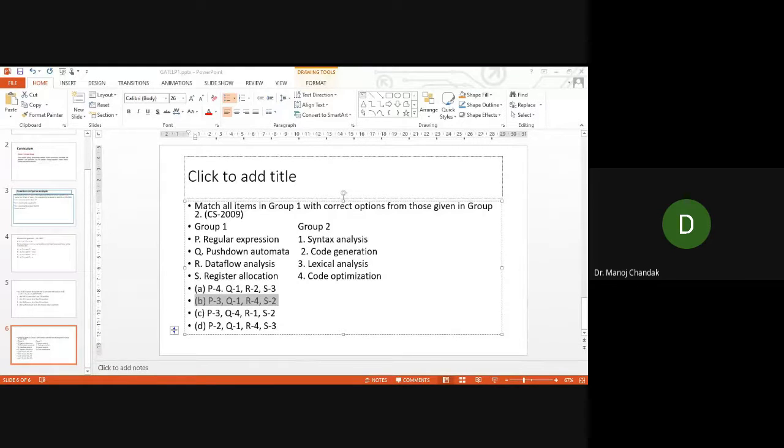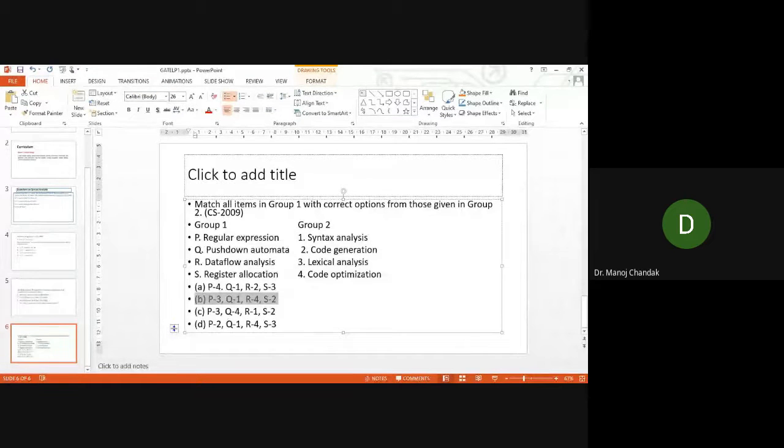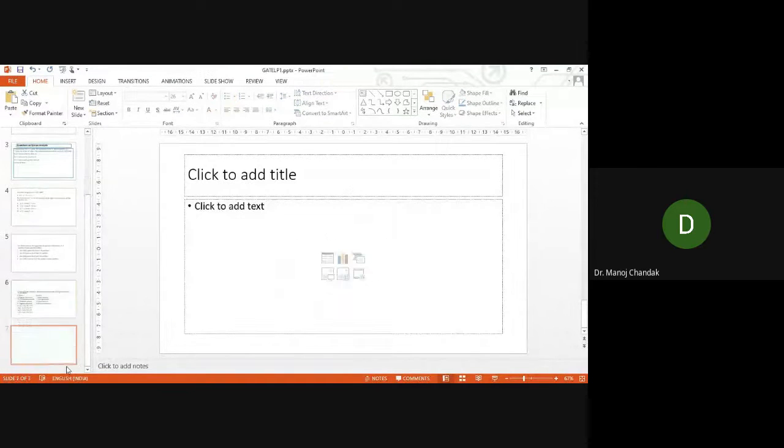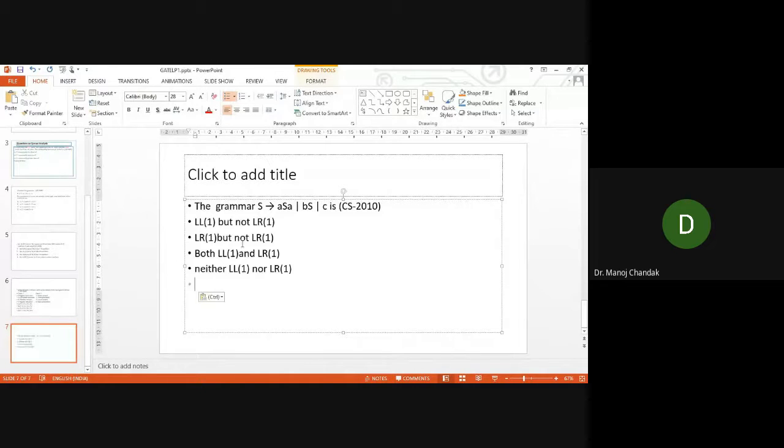If your grammar is LL1, then the grammar will be LR1 also. So let me take one more question on this. This is from the recent paper 2010.